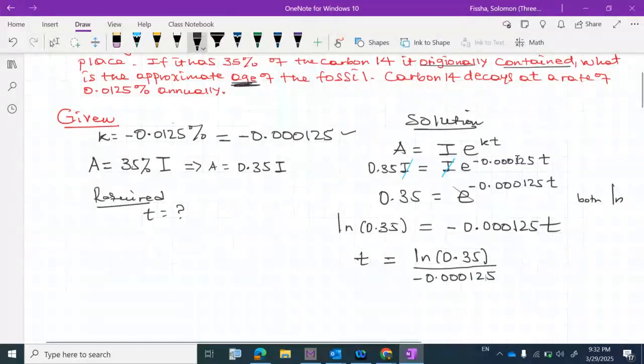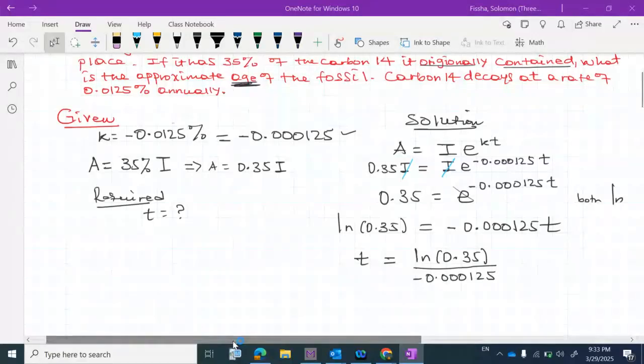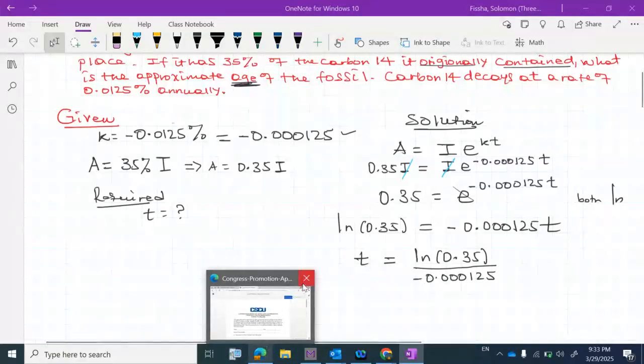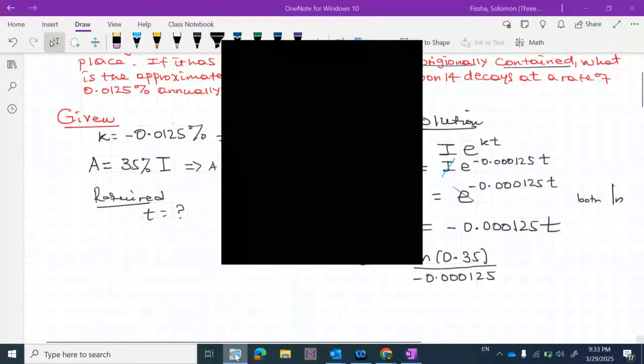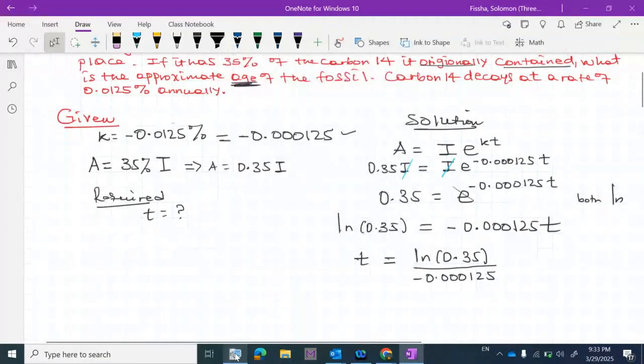Now I can go ahead and use my calculator. I can just show you using a calculator how to solve this one. The ln of 0.35 is something we can find from the calculator. So let's calculate using the calculator. Sorry, the calculator is going to take a little bit more.